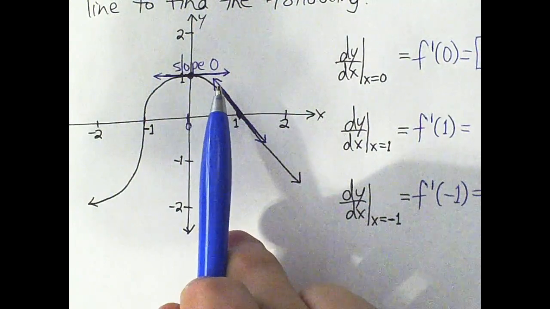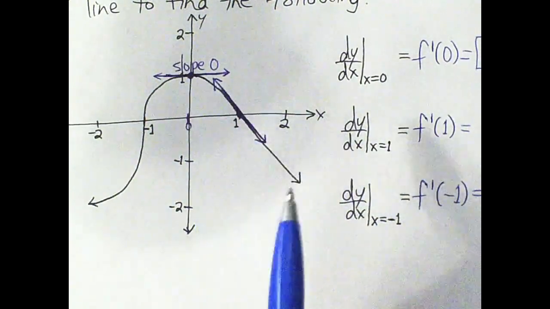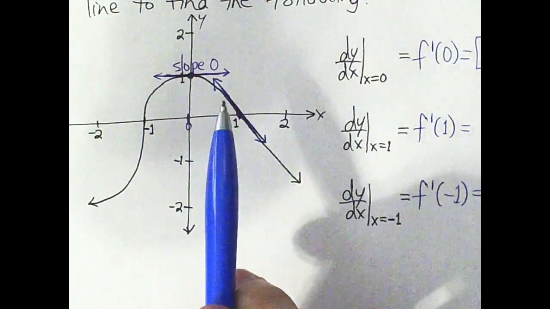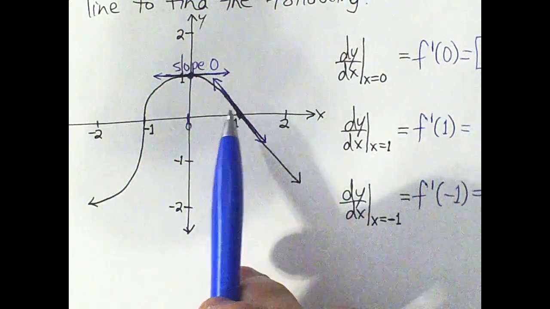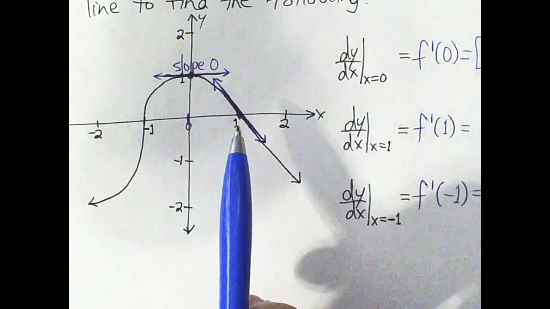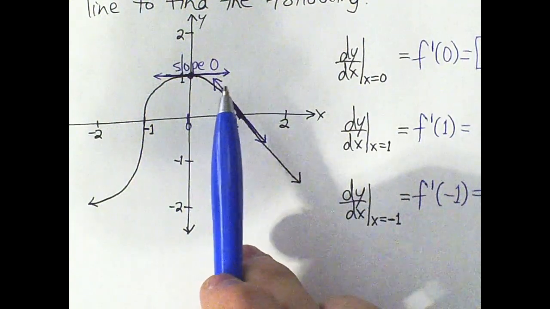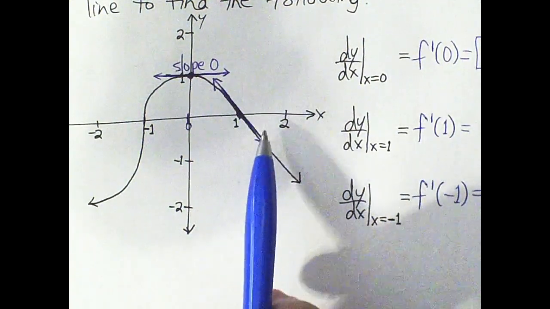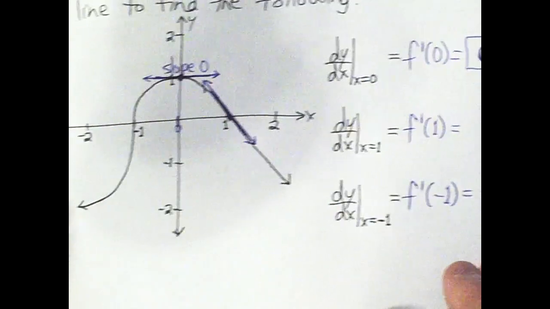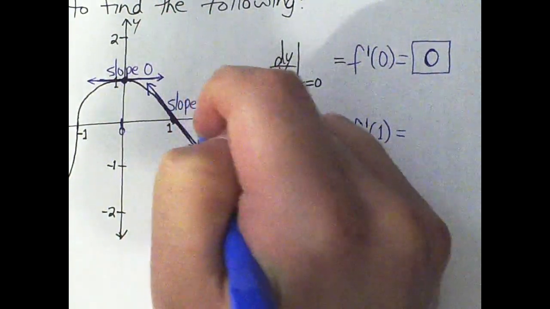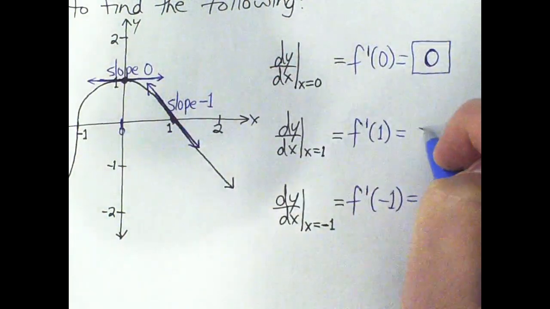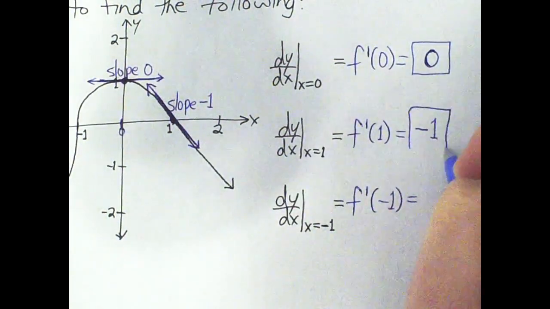Well, yeah, I think there's a couple of ways. I mean, you could find 2 points on this line and find the slope that way. You could say it looks like it's making a 45-degree angle with the x-axis. That kind of tells me something. You could say for every 1 unit I go to the right, it looks like I'm going 1 unit down. That is exactly what a slope of -1 looks like. And I'm going to say the answer is -1.